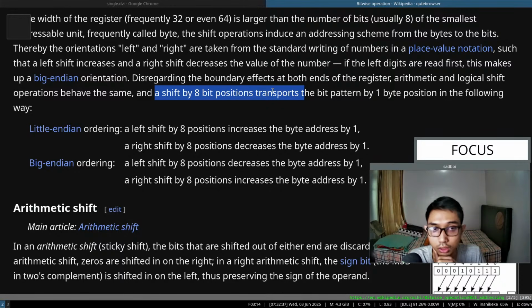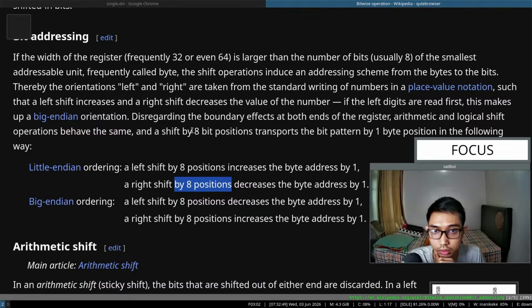I think what is the same is, what is it called? It moved by a bit position, maybe something like that. Disregarding the boundary effect at both ends of the register, arithmetic and logical shift operations behave the same.